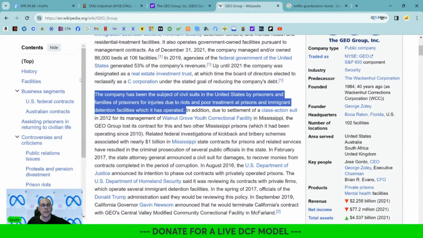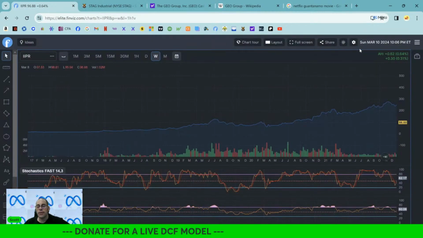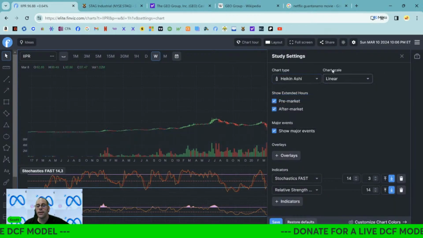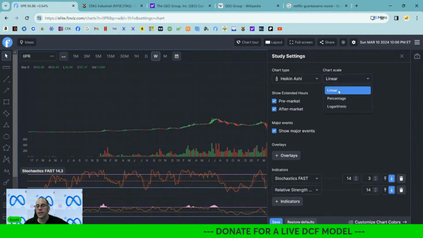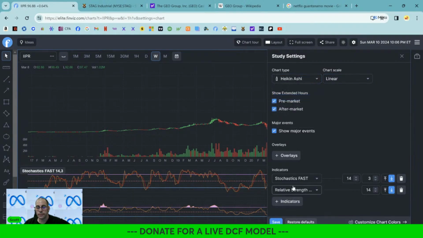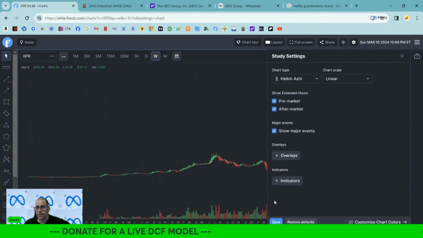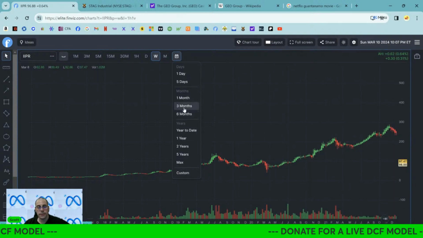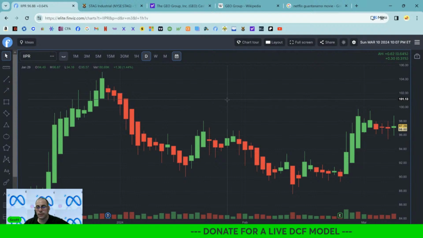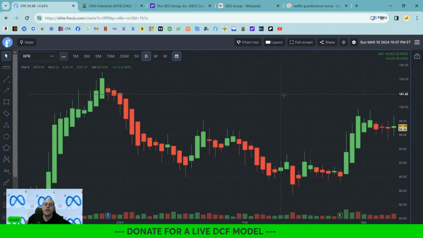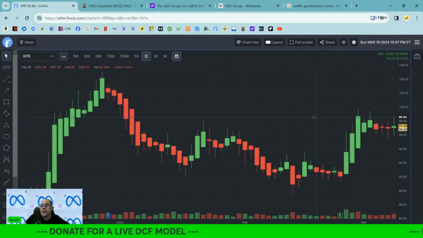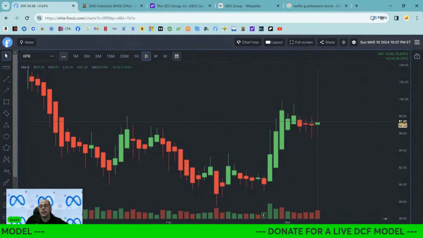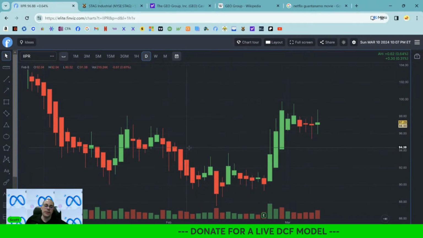Heikin-Ashi candles. I think we were talking about that in the beginning, the Heikin-Ashi. So the Heikin-Ashi is similar to the candlestick chart, except it smooths out the candles, I guess you can say.